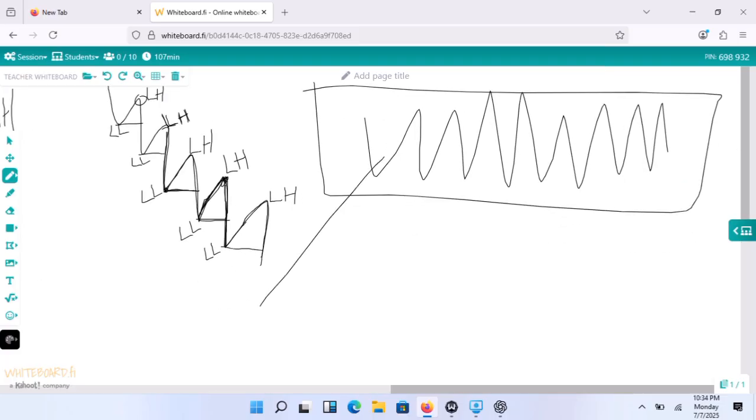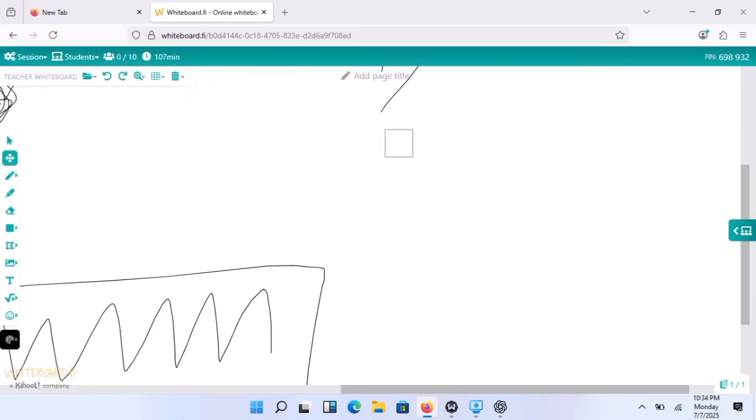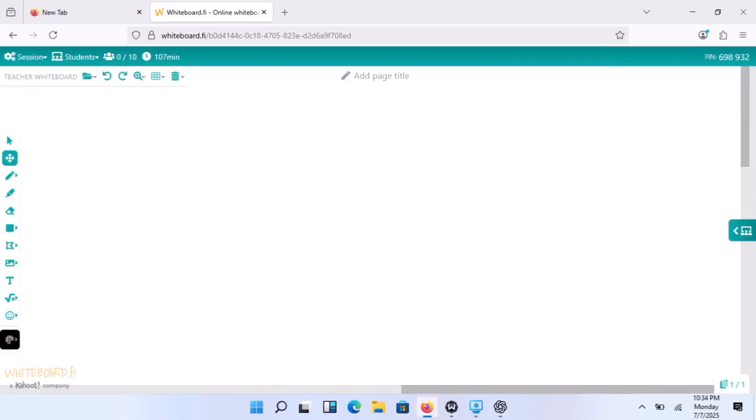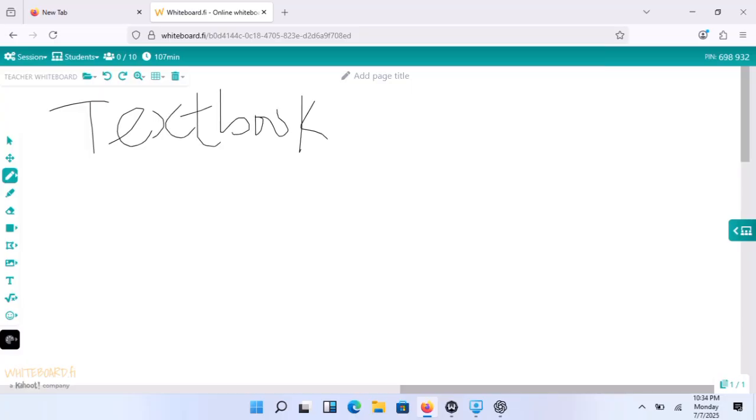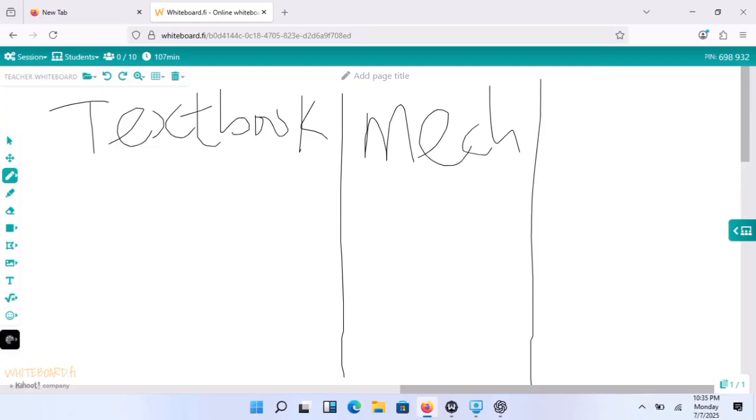What are we talking about here? We are talking about the types of structures. The types of structure go like this. The first one is what? We have the textbook structure, we have the mechanical structure, and we have the algo structure.